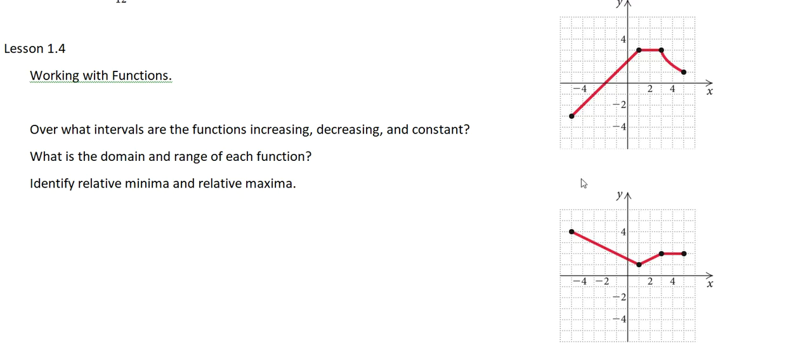Okay, so if we take a look from our previous work with the slope-intercept formula, we know that a line that's generally moving up and to the right on a coordinate axis like this is increasing.